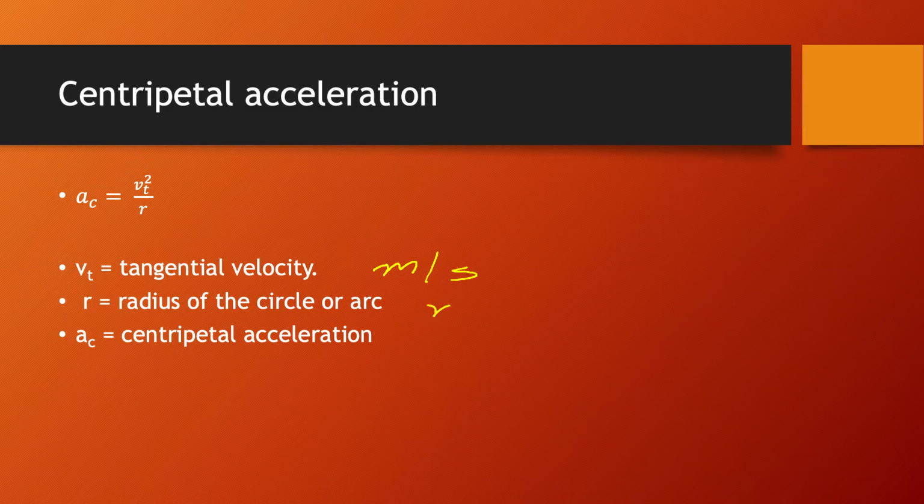The radius has to be in meters, and the acceleration is in meters per second squared. The centripetal acceleration is the tangential velocity squared divided by the radius of the circle or arc.